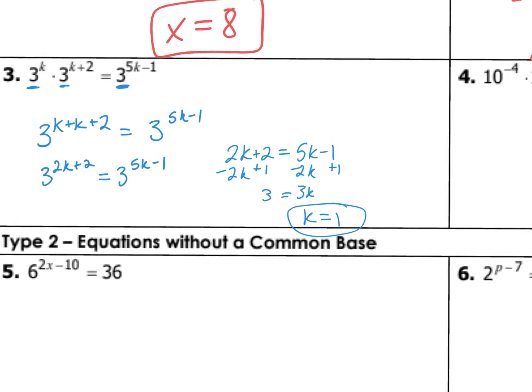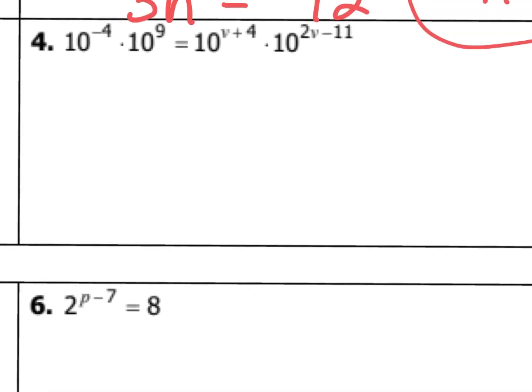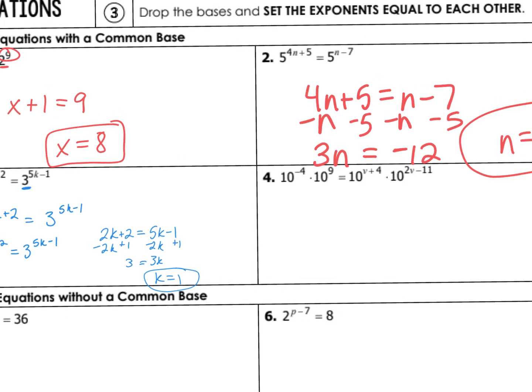Are we feeling pretty confident about this? Do number 4 quickly. Okay, number 4, what did you do? Combine negative 4 and 9 on the left, so you got 10 to the 5th. Okay, what about the right? 3 plus 4 plus 2 minus 1.